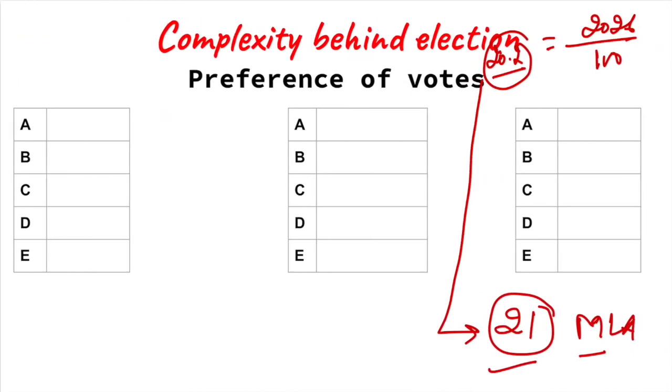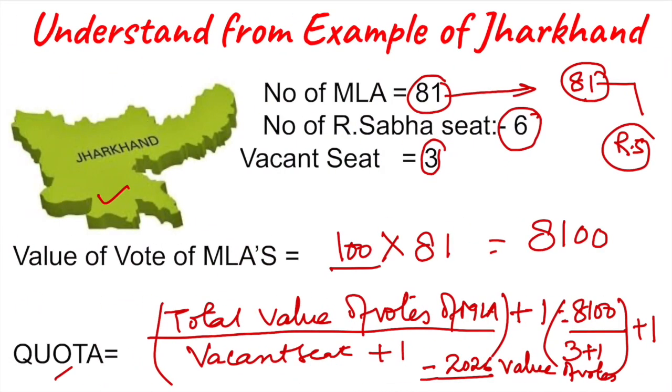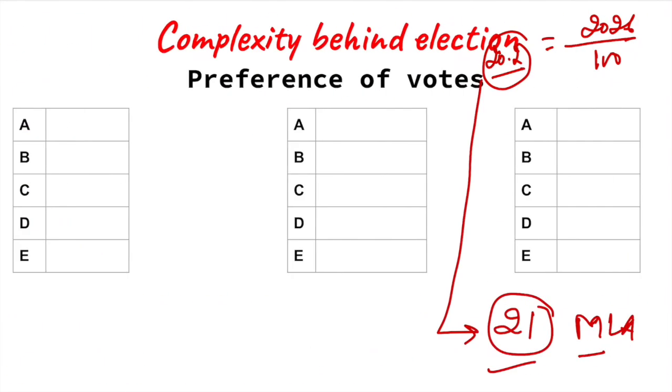Understood? This 21 is the result of dividing 2026 by the value of the vote of one MLA. So now it is a very clear picture. The one who gets 21 votes will be elected for the Rajya Sabha.